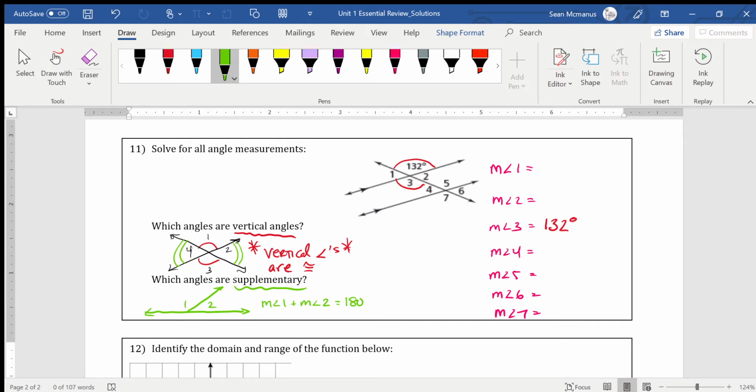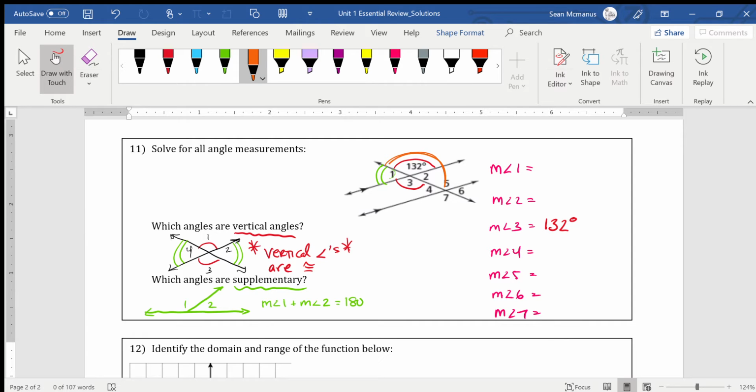So if I look on my diagram here, I can see angle 1 is a linear pair with the 132. Angle 1 and 132 add up to 180 degrees. So do these two.